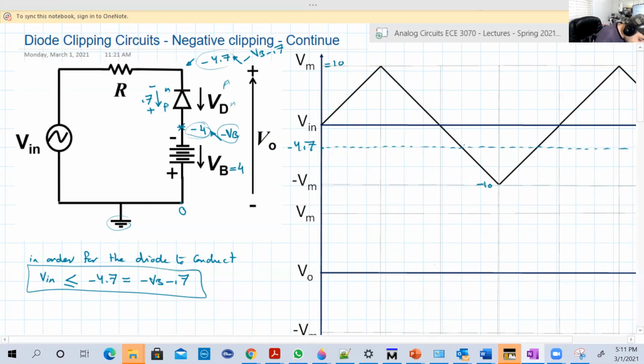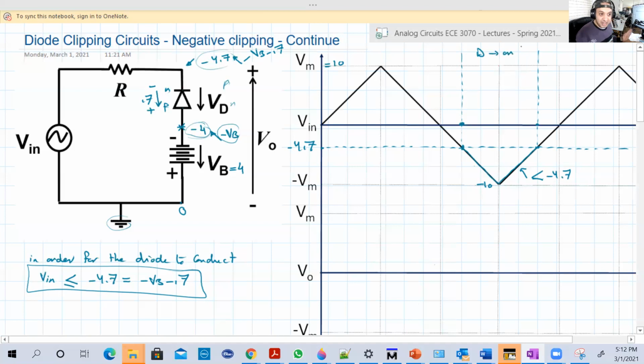So basically, in that area here, from that point to that point, all these values are less than minus 4.7. And the diode in that area will be on. So the diode is on here.